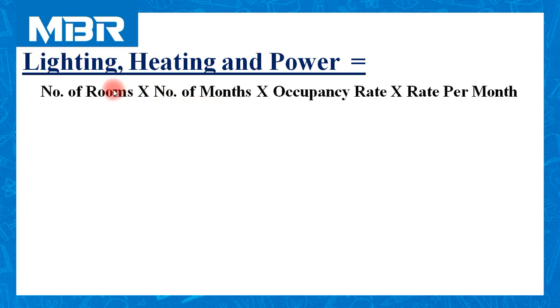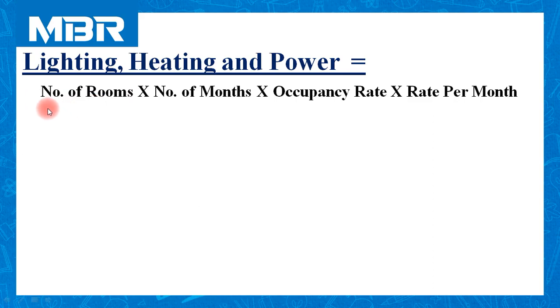As we all know, the formula for calculation of lighting and power: number of rooms multiplied by number of months multiplied by occupancy rate multiplied by rate per month.